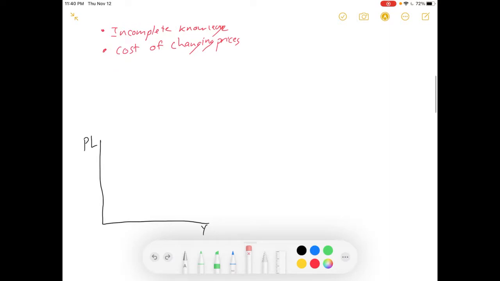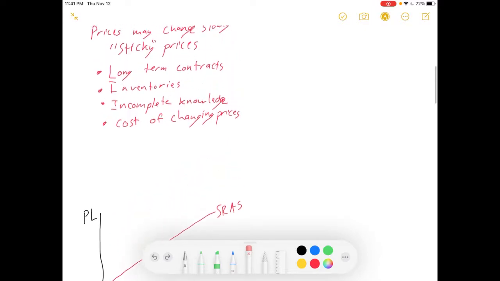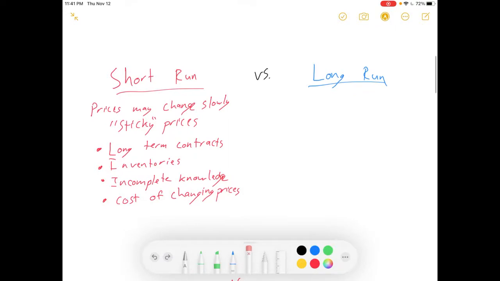And so when we graph our short-run aggregate supply curve, it's upward sloping, linking Y, or real GDP, and price level. And there it is. The general idea you can still think of is that if the general price level of final goods and services goes up, then firms want to supply more of it. And so that one feels quite a bit like a regular supply curve, even though it's different.